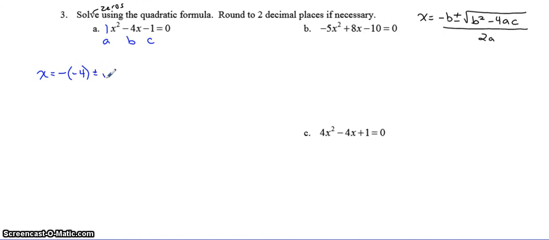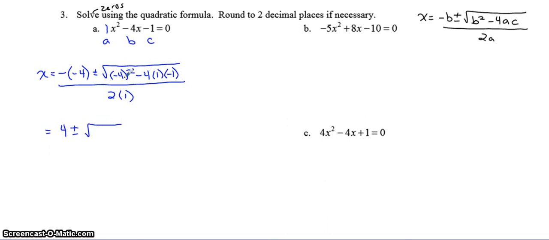Plus or minus the square root of b squared minus 4 times a times c, all over 2 times a. Please make sure when your b is negative that you are using brackets to substitute. The double negative becomes a positive.